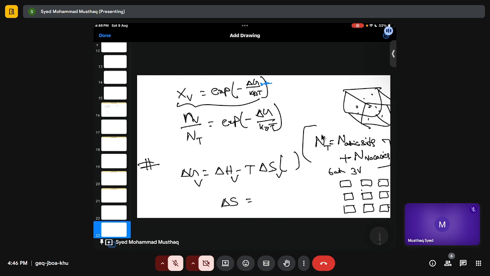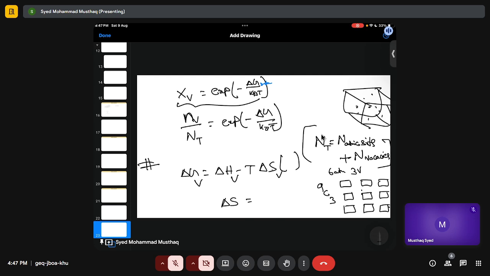The number of ways I can have a system with 3 vacancies, the answer will be 9C3. What are the number of combinations in which I can have my system with 3 vacancies? It's 9C3. That's it.